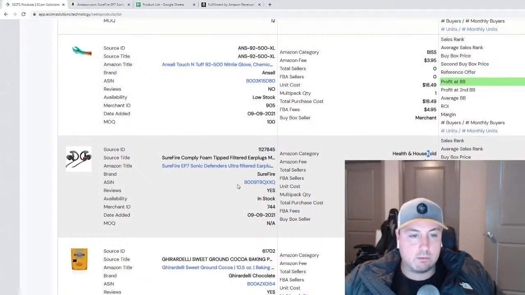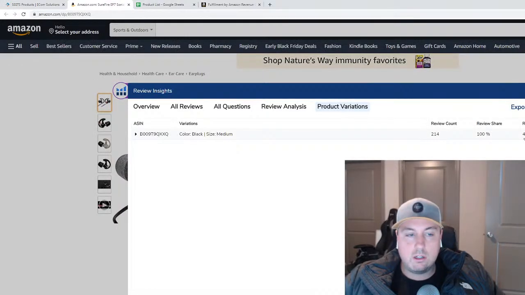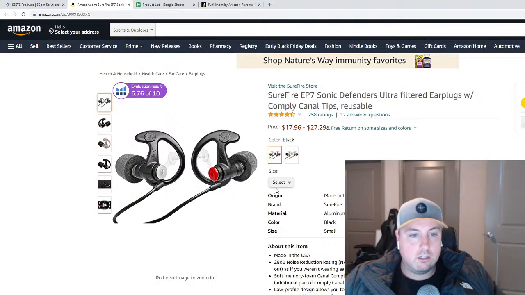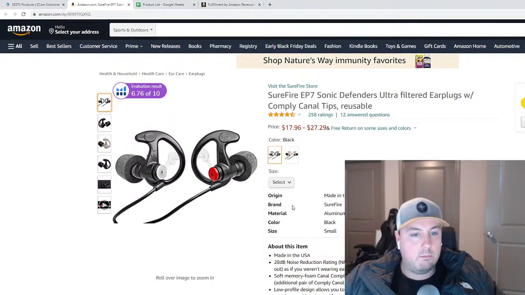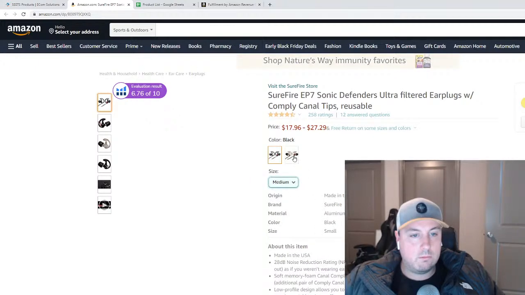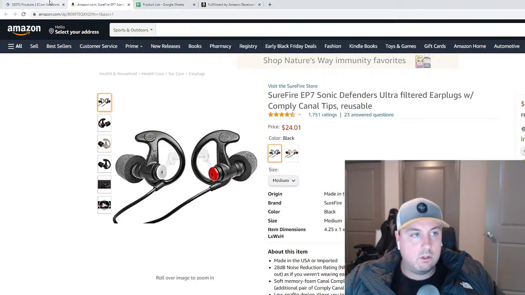XXQ. Oh, it's this one. Interesting. So what is it? It's black medium. What's it saying? 2401 profit buy box.